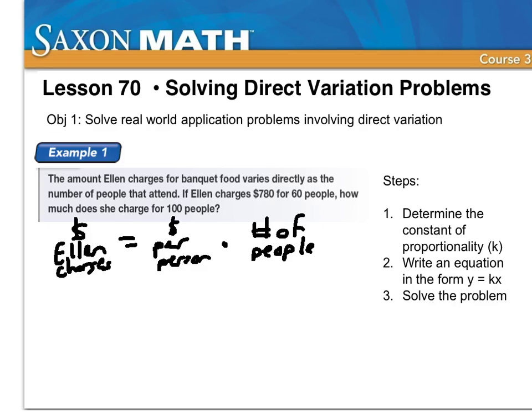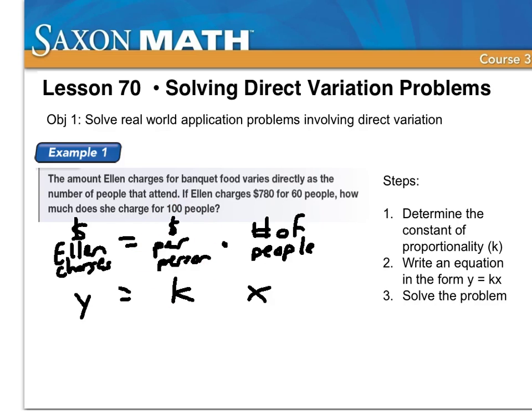Now I can plug in some numbers I know to this equation to determine the constant of proportionality, because remember, we need to write an equation in the form y equals k times x. So we need to figure out what this k is.